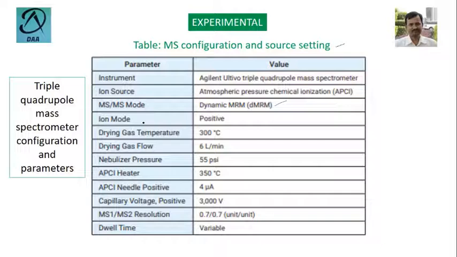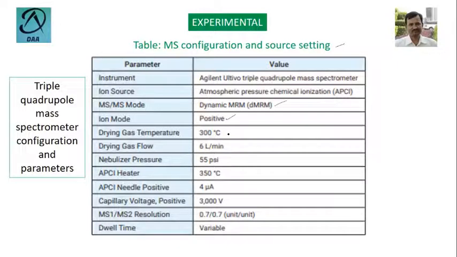The ion mode is positive. You can remember that in the HPLC mobile phase we use water with formic acid, which is an acid, and from there H plus is available to ionize the analytes positively, and that is why it is in positive mode.